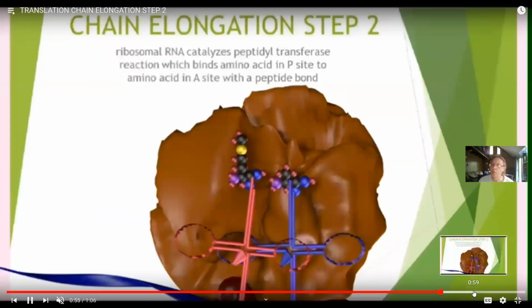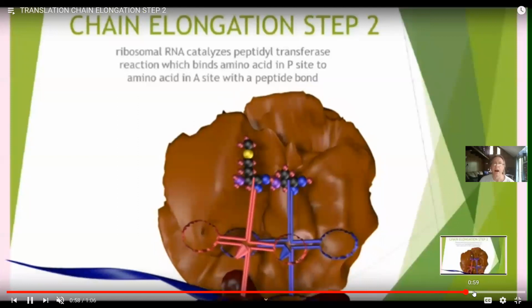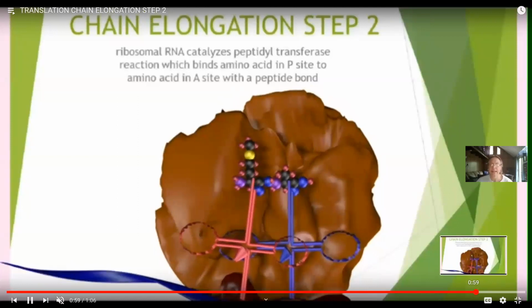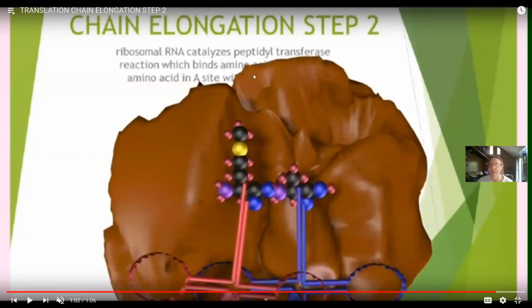Now, I'm older, and so that's how I was taught this process. We now know that it is not an enzyme, all right, peptidyl transferase, which is doing this, but actually the ribosomal RNA. So it is not a protein enzyme, but rather the ribosomal RNA acting as a ribozyme RNA, which could catalyze a chemical reaction.